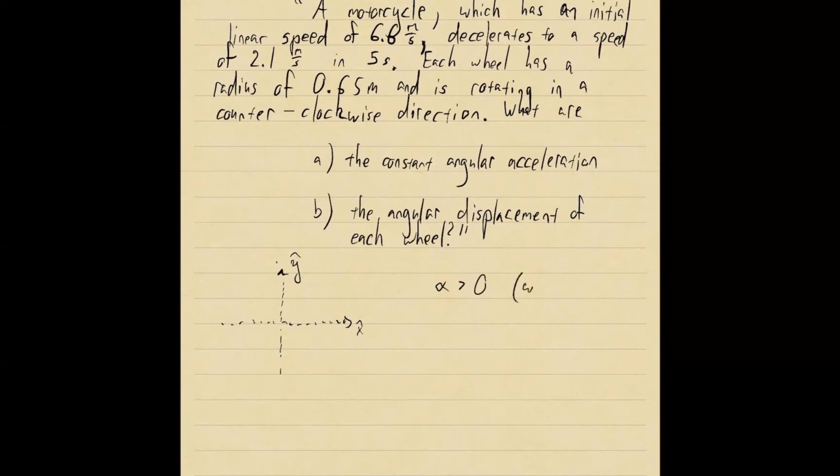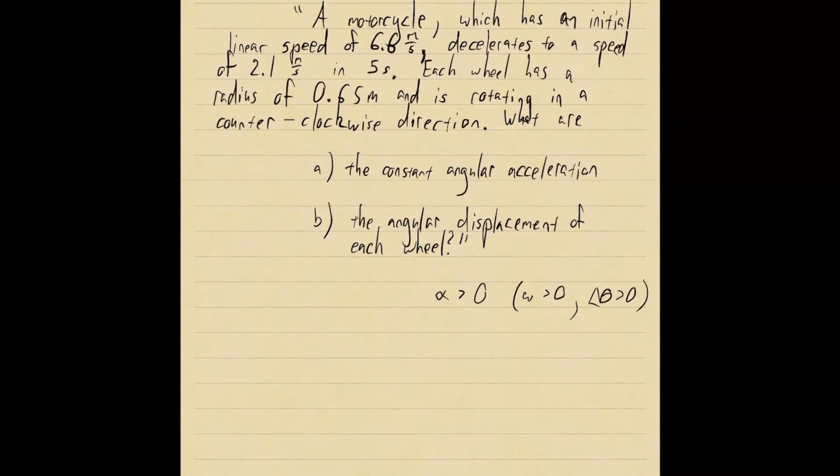Which also means that our angular speed is positive. And our angular displacement, you guessed it, is also going to be positive. That just means that as we go around, our angle gets positively bigger and bigger. And so that's all that means. So let me get rid of this terrible little coordinate system, and we can begin to solve this problem.